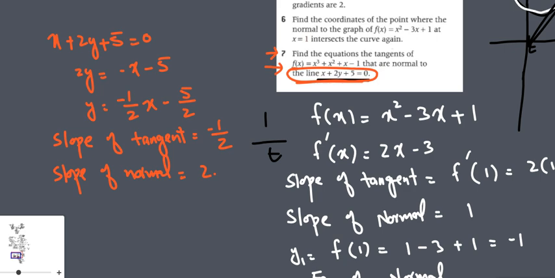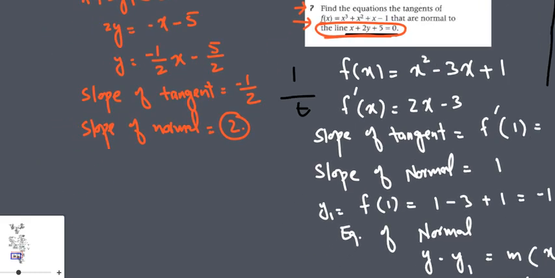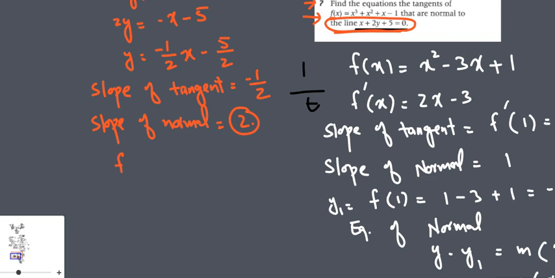Now, this question is quite similar to question number 5, in which we were given the function and the gradient. We calculated the gradient from the normal, and then we have to equate the derivative to the gradient. Then we will find the values of x, and from those values of x, we have to find the corresponding tangent equations.